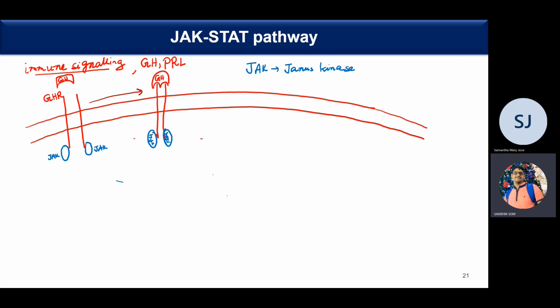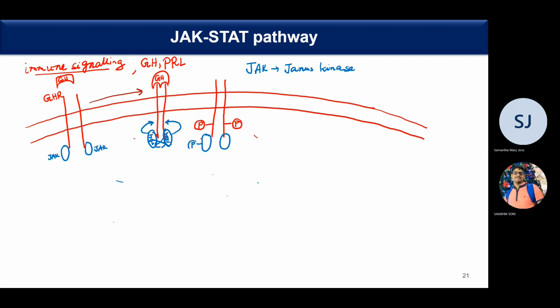They come close to each other and they cross phosphorylate each other. Okay. So what has now happened? They cross phosphorylate, as well as they phosphorylate the growth hormone receptor also. So now the schematic looks like this. We have a phosphorylation here, two phosphorylations here, as well as the JAK or Janus kinases.